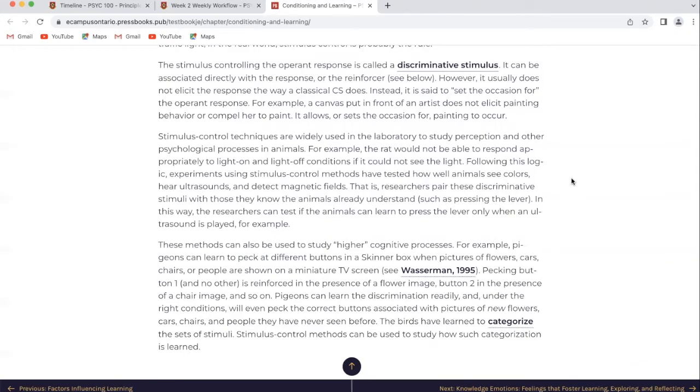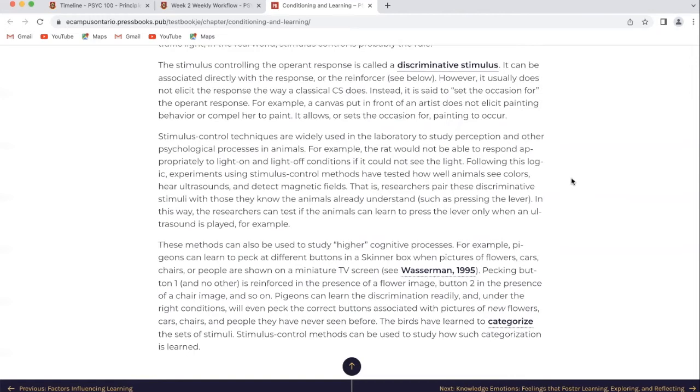Stimulus control techniques are widely used in the laboratory to study perception and other psychological processes in animals. For example, the rat would not be able to respond appropriately to light on and light off conditions if it could not see the light.